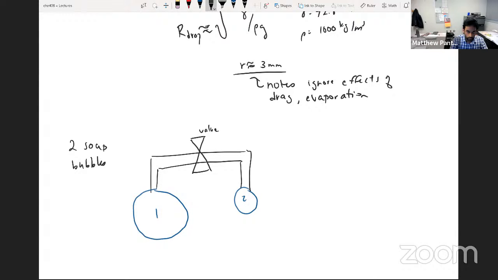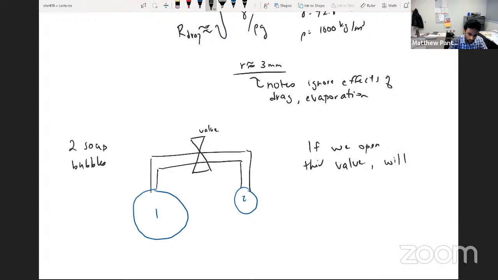Okay, so suppose you open this valve. Let's frame it as, will the diameters of the bubbles change?